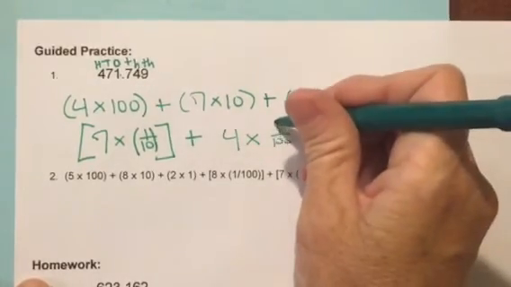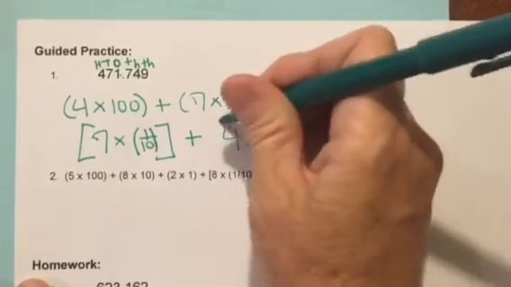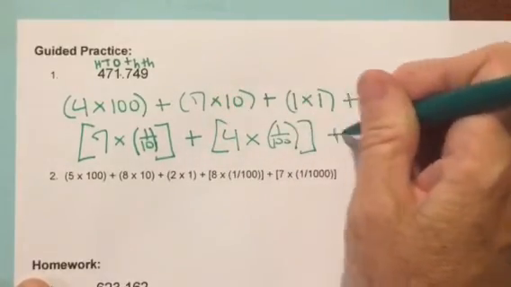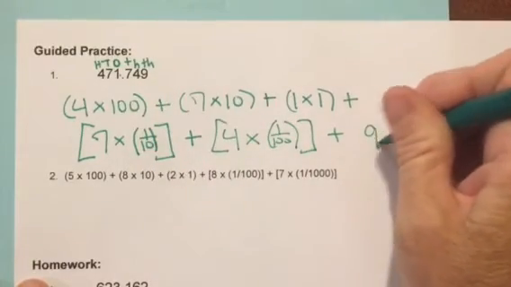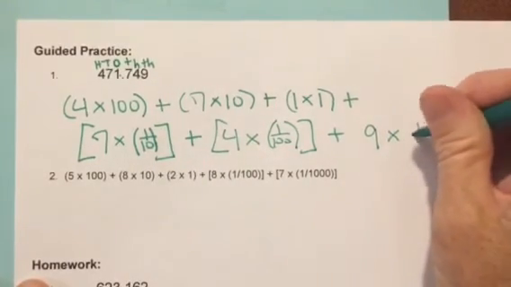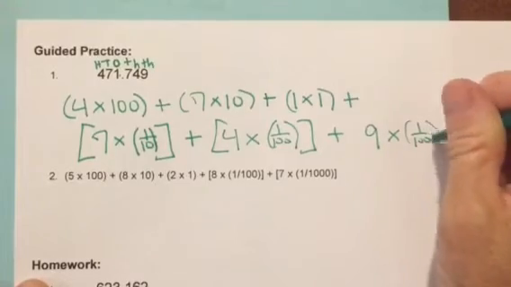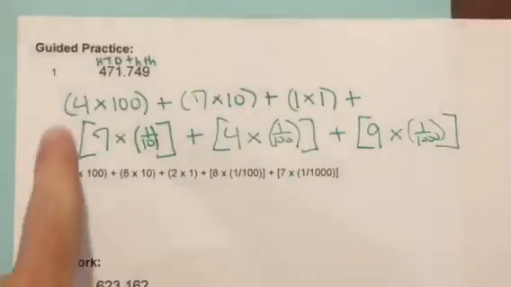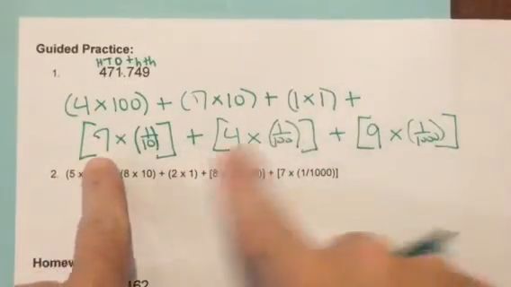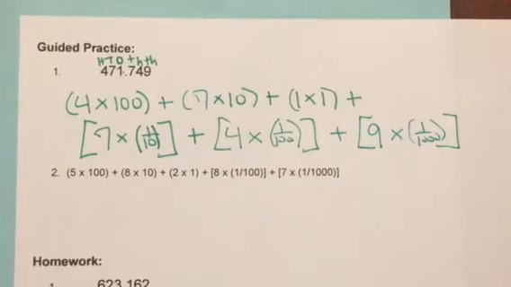Remember now our format is parentheses, brackets. Plus I have 9 thousandths. And then I just want to make sure I have my format down correctly. So parentheses, parentheses, brackets on my decimals, I'm good to go.